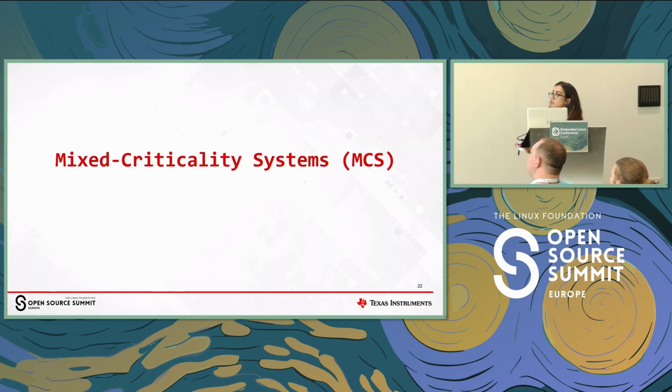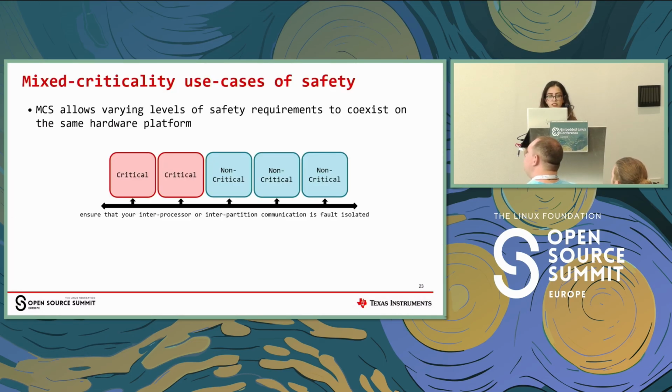So now coming to mixed criticality systems. What is an MCS? An MCS allows varying levels of safety requirements to coexist on the same hardware platform. Most of the time, if you've worked with hypervisors, it's achieved using hypervisor support with partitioning. But the end goal is that your fault is contained within your non-critical system.